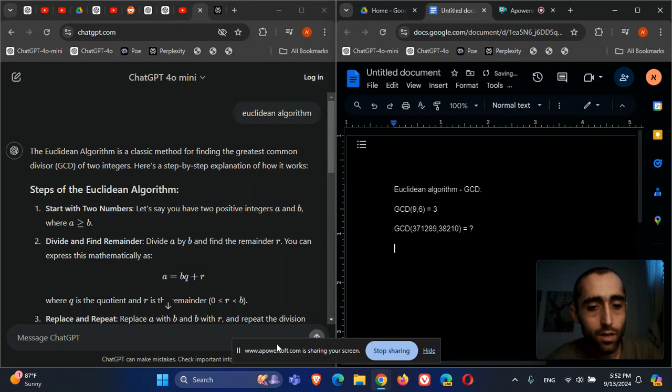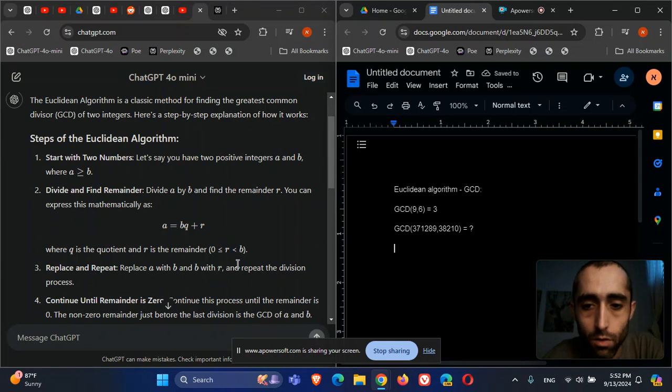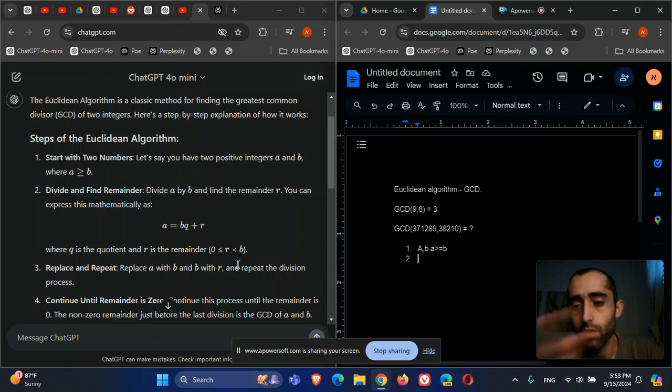So there is an algorithm called the Euclidean algorithm for finding the greatest common divisor. We start with two integers, a and b, with a greater than or equal to b. Then we divide again and again, replacing the values of a, b and r each time.